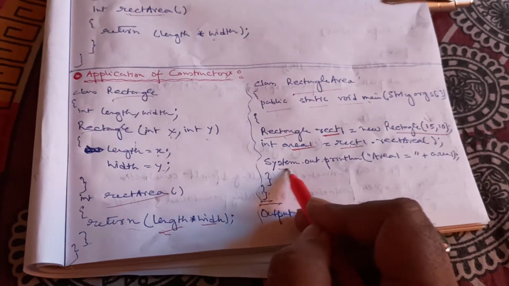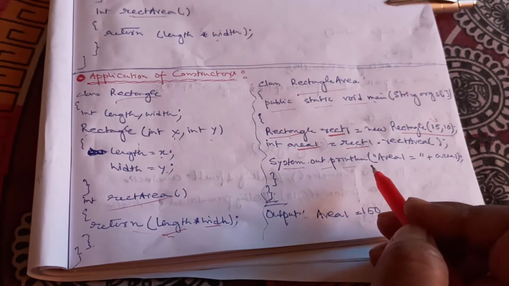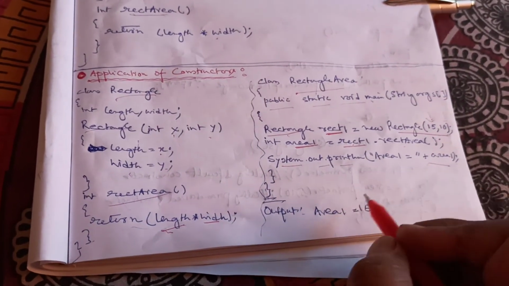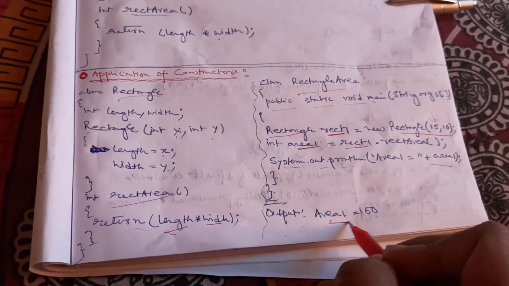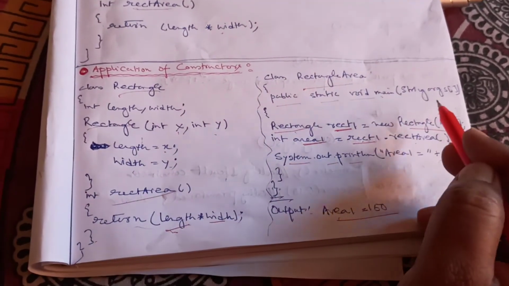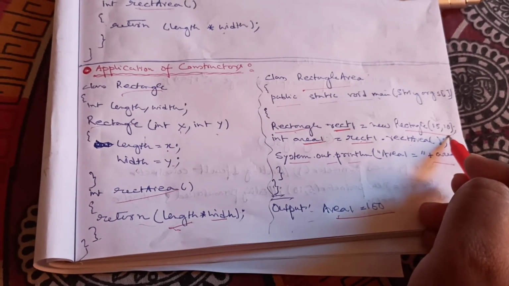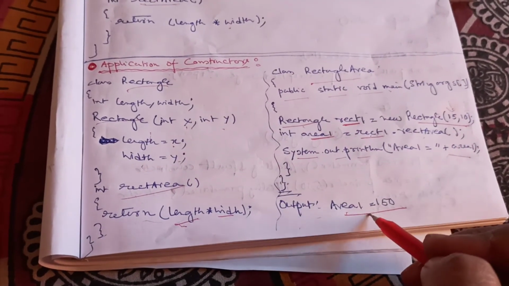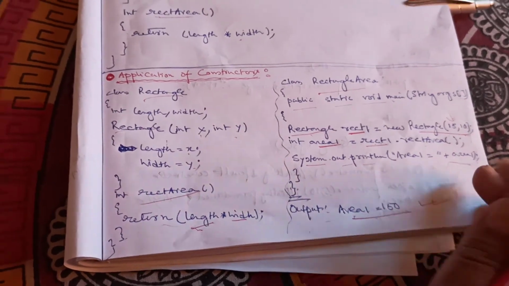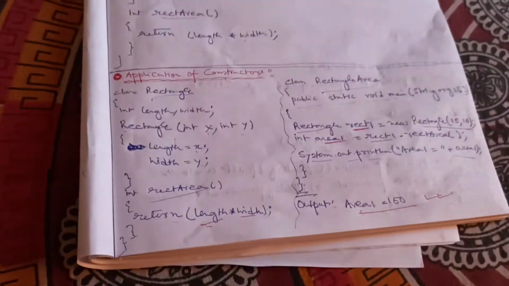And finally we use System.out.println, meaning we are printing the value of area. So we will get the output as 150. Why? Because length is 15 and width is 10, so the area will be 150. Clear? Okay. Next we will go to the next topic, which is known as default constructor.